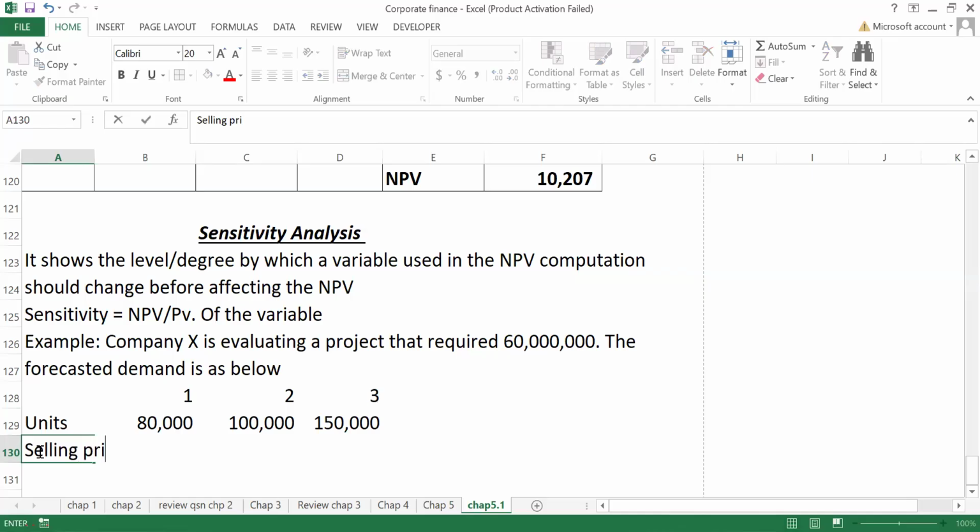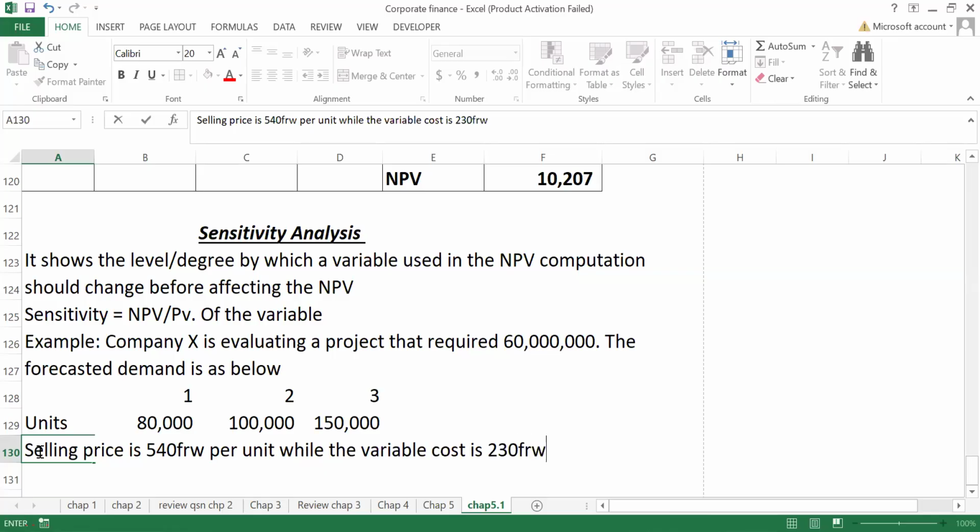Selling price is 540 per unit, while the variable cost is 230 per unit.